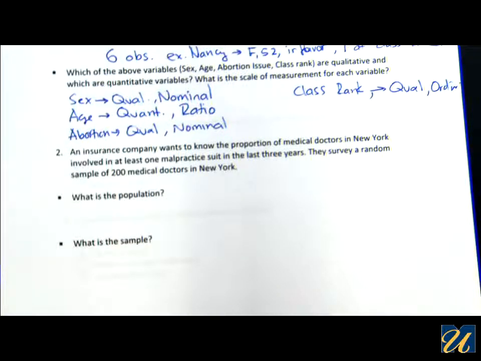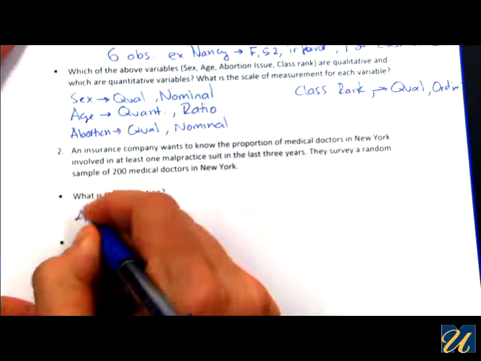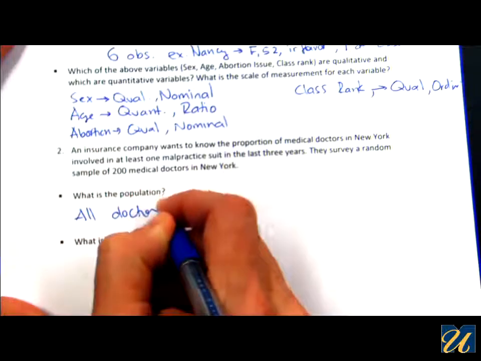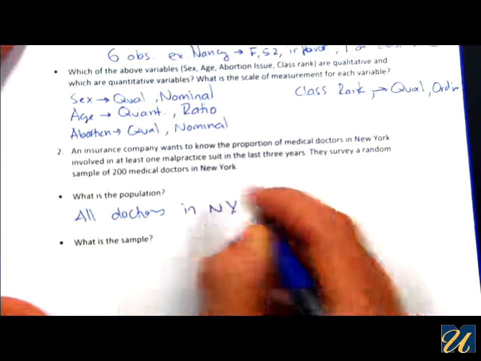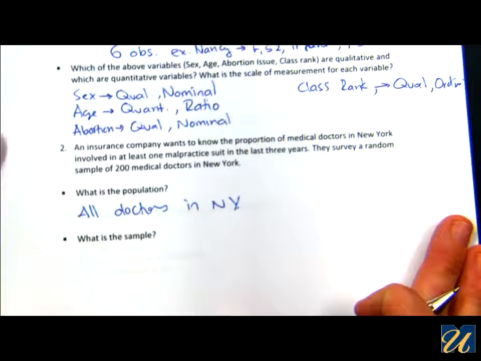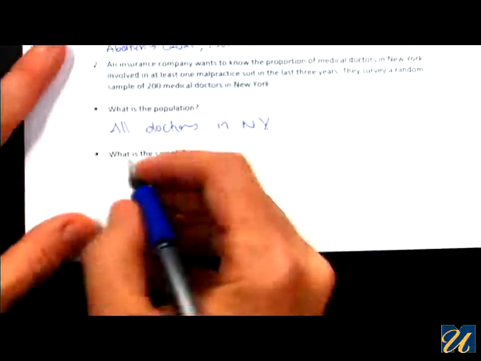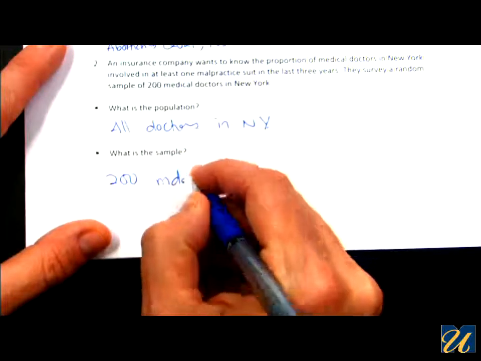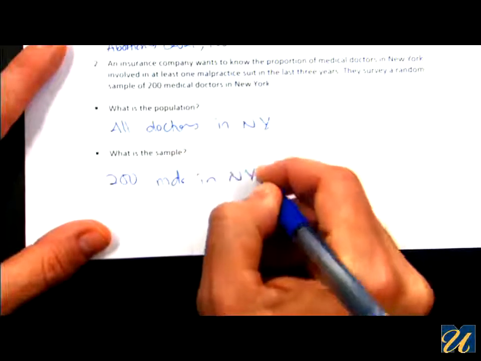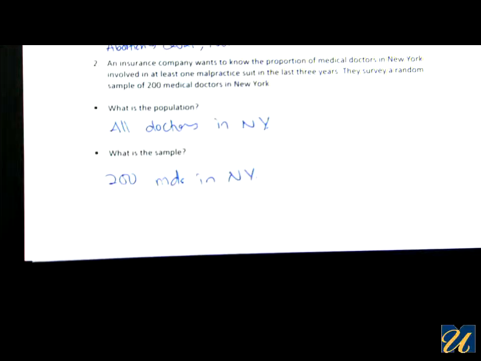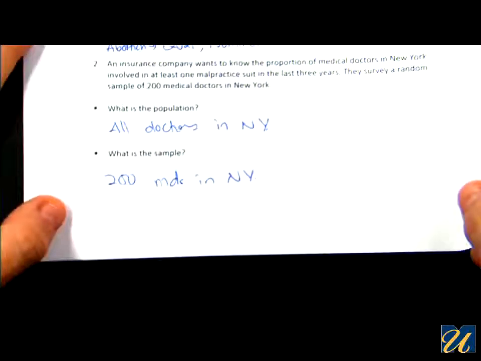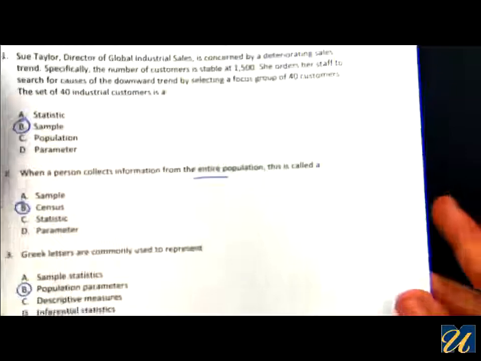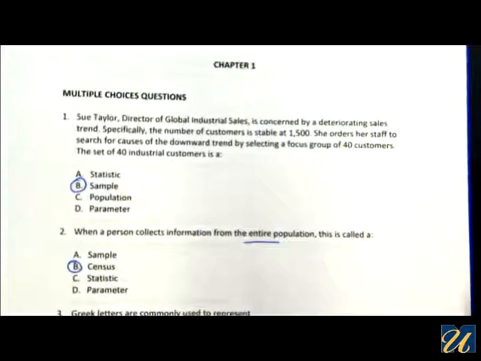Based on the above statement, the population would be all doctors in New York, or medical doctors in New York, and the sample would be the 200 MDs in New York, medical doctors in New York. So this concludes the exercises for chapter 1.